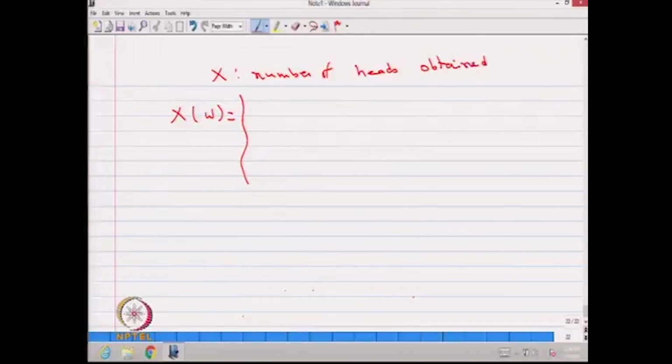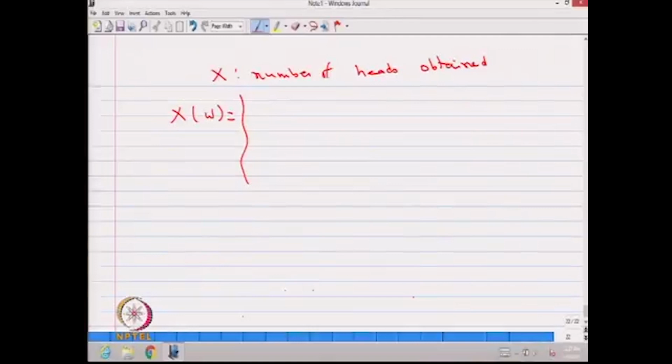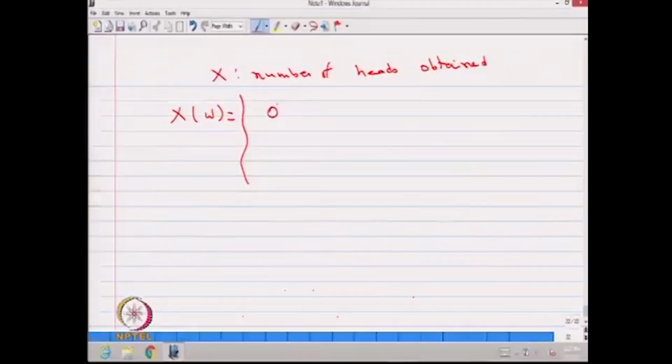X is a real valued function which denotes the number of heads obtained when you toss 2 unbiased coins. So X of omega, since it is a number of heads, there is a possibility of no heads, or you may land up with only one head, or two heads. Therefore the possible values are 0, 1 or 2.